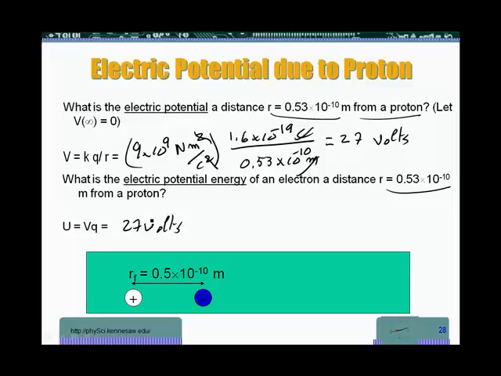So 27 volts times the charge of the electron, which is minus 1.6 times 10 to the minus 19 coulombs. So that's going to be 4.3 times 10 to the minus 18 joules. It does not look like a very large value, and it should not be. It's just one hydrogen atom.